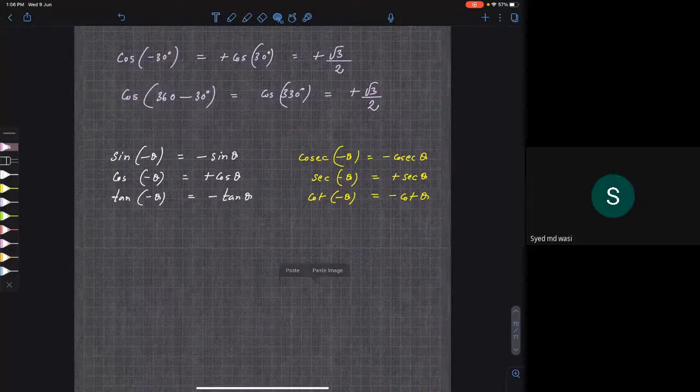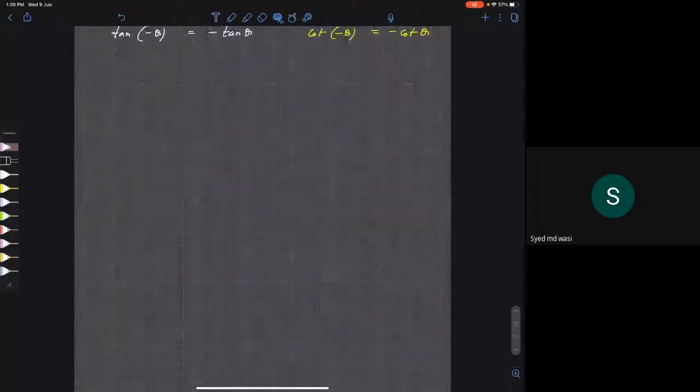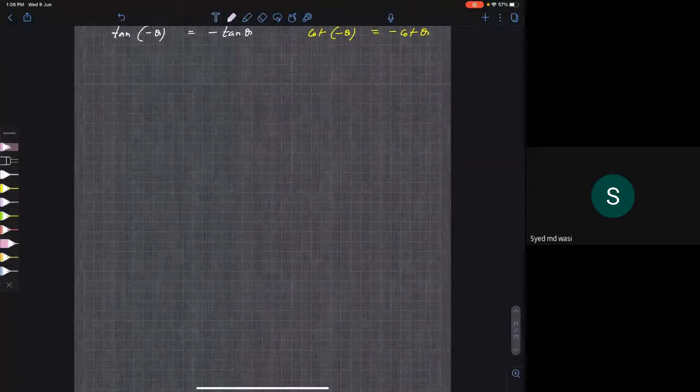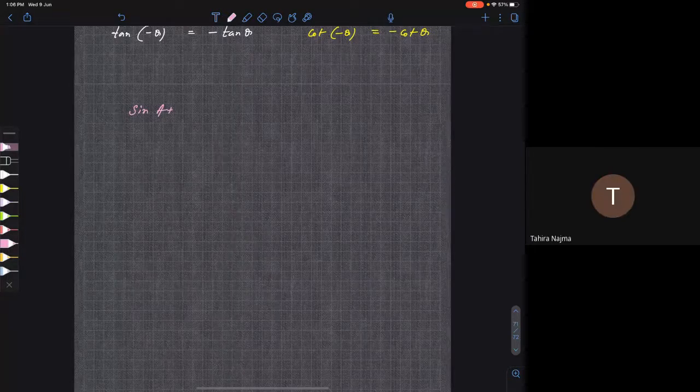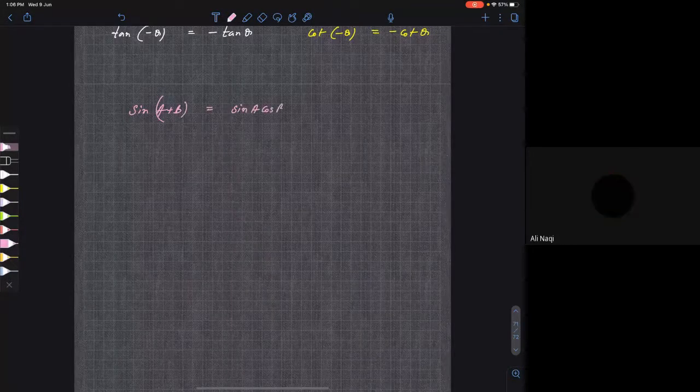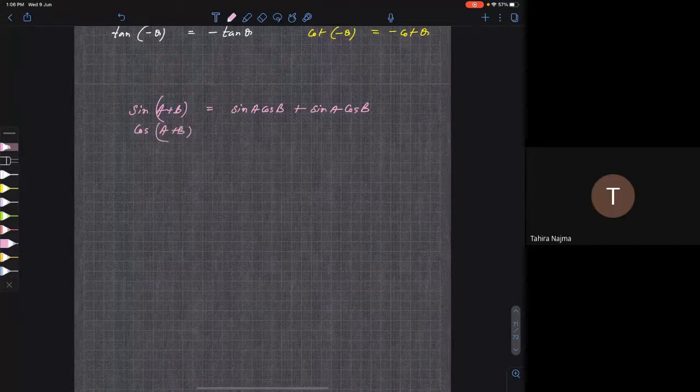Tomorrow we will continue. These two basic formulas we have, right? Which two basic formulas? Sine of a plus b equals sine a cos b plus cos a sin b, and cos of a plus b equals cos a cos b minus sine a sin b.